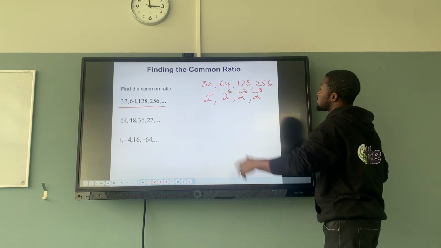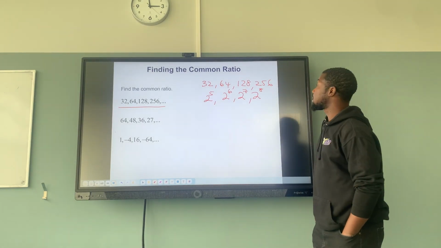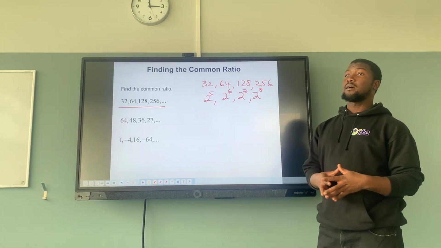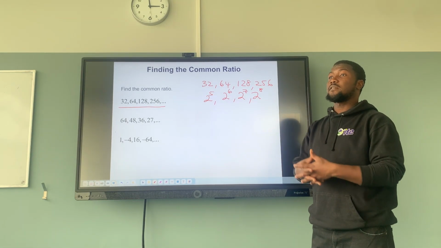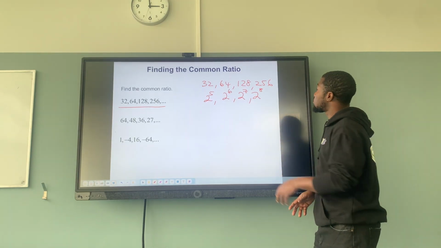So you can see the sequence can be expressed as an exponential term as well. If a sequence is increasing in an exponential form, mostly that sequence is a geometric sequence.